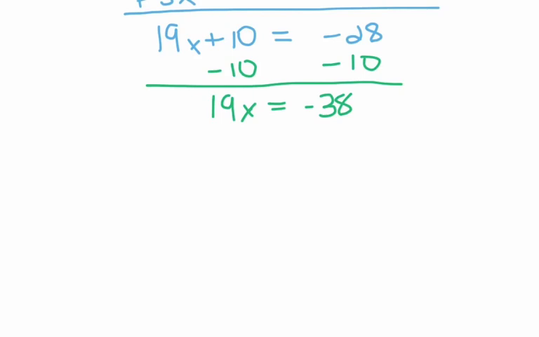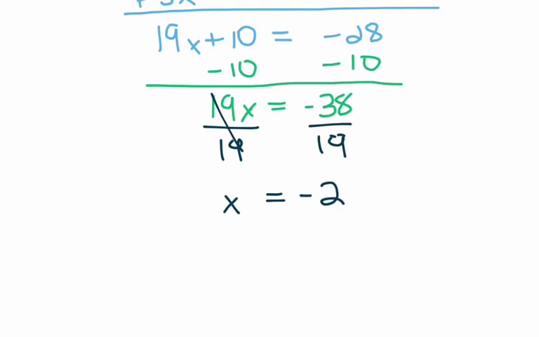And finally, inverse of multiplication means I'm going to divide both sides by 19, divide both sides by the coefficient. 19's cancel. You get x equals -2. All right. They're not always going to work out so nice and neat as x equals -2 or something like that. However, in this problem it did.